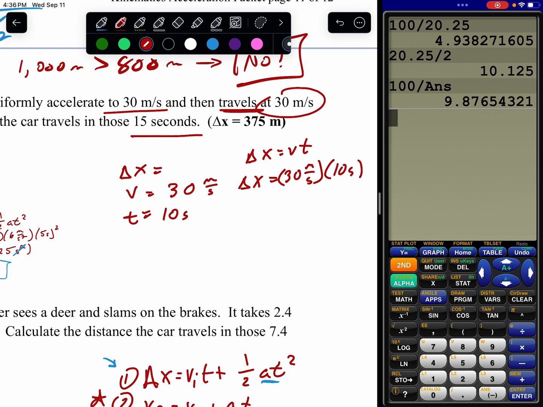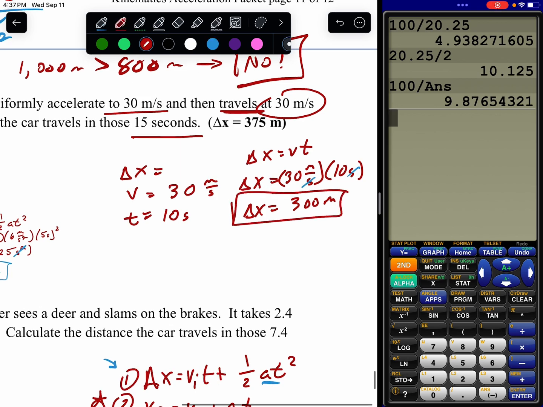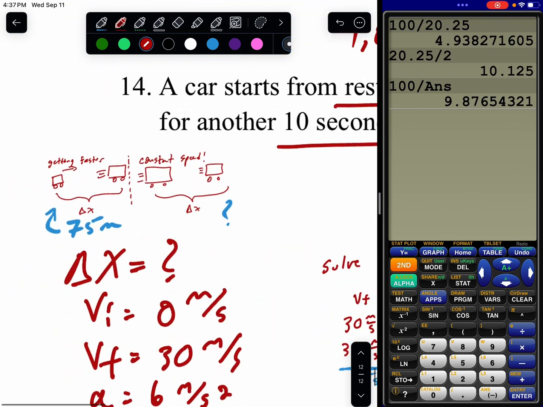It's going to be 10 seconds. The units of seconds go away, and we are good to go. So then the resulting total delta x, let's get rid of that.